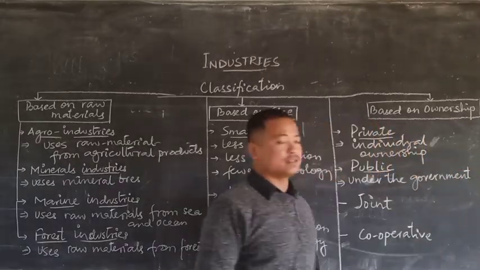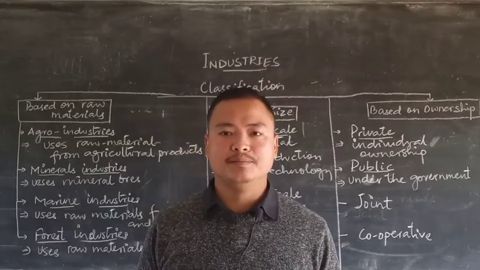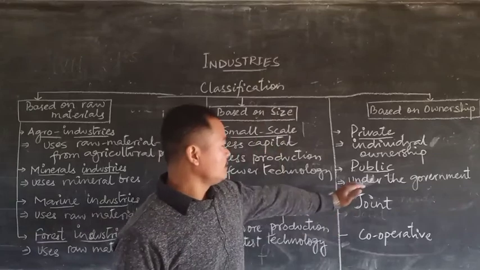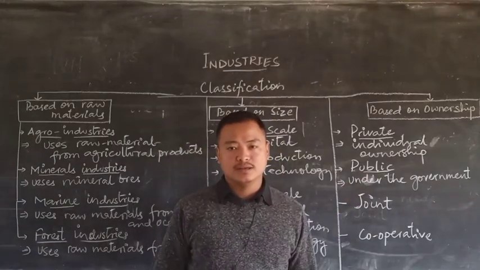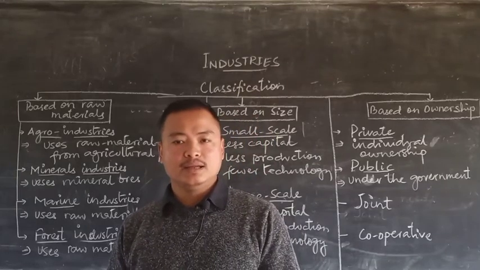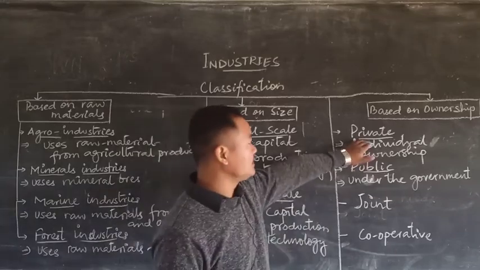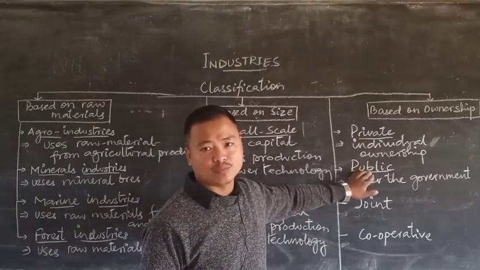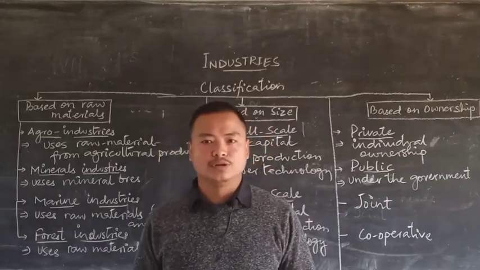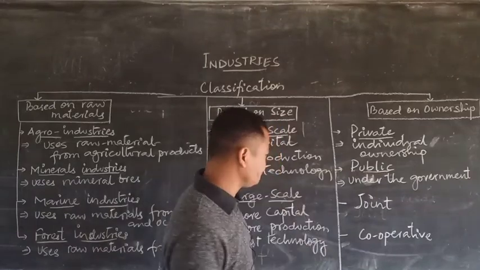There are industries which are taken care of by the government, like the government of India. So in this category, we call it public industries. For example, Oil India Corporation is completely owned by the government, but there is also Reliance Oil, which is completely a private sector, while Oil India Corporation is a public sector. One that is owned by an individual or a group is private, the other that is public is owned by the government.